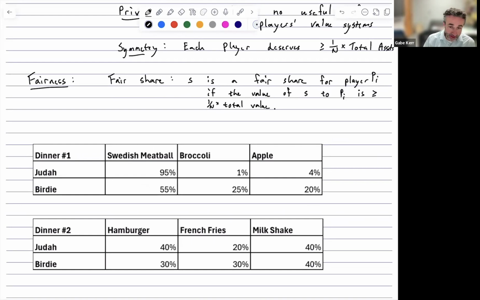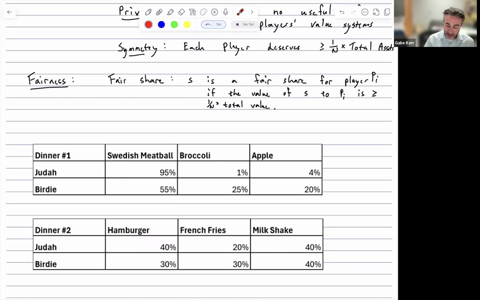I refused to cut the apple. I'm just going to give them one of each of these things. So in this situation, certainly the Swedish meatball is a fair share for Judah, right? Because he values that at over a half of the total amount for the food. It's 95%. And a Swedish meatball is also just barely a fair share for Birdie.